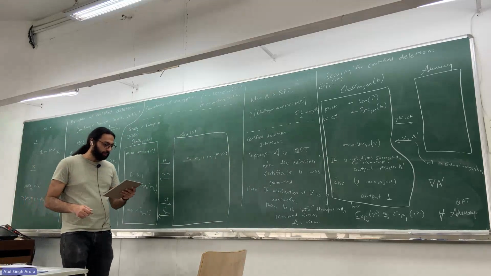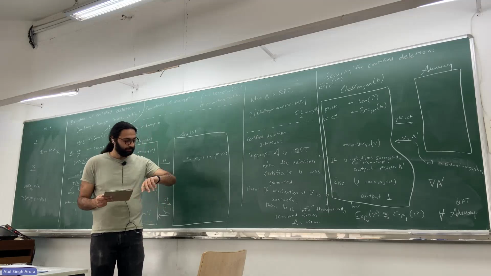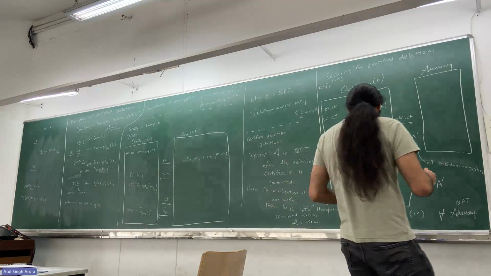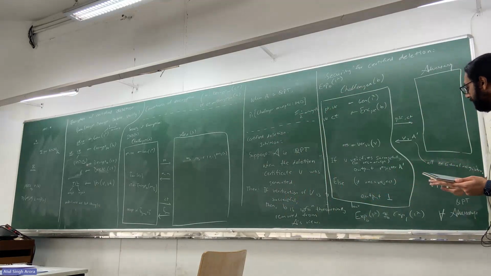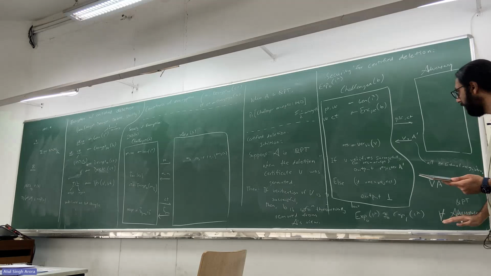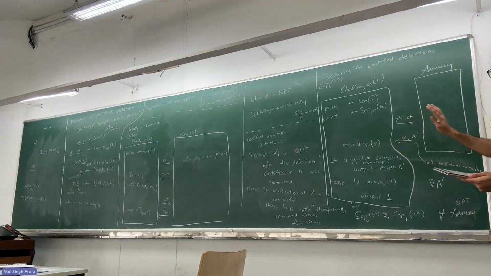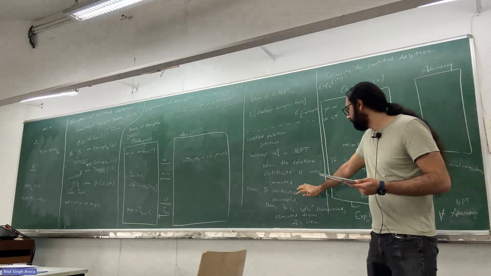Because we have about 7 minutes now, let me just quickly emphasize why this is the right notion. So far we just looked at what the notion is. Why does this match the intuition?